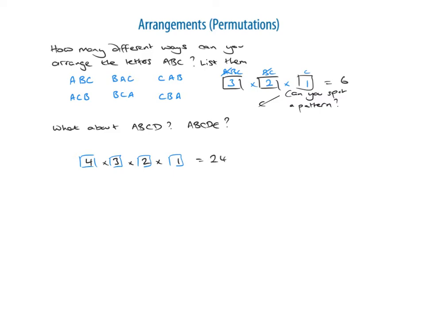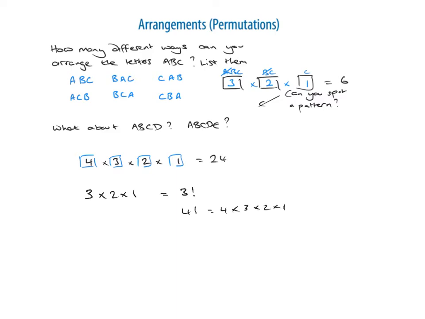This is a very special thing that happens in maths, and it happens a lot, so it has its own symbol. 3 times 2 times 1 is otherwise known as 3 factorial. It's a little exclamation mark, and you'll find it on your calculator. 4 factorial would be 4 times 3 times 2 times 1.